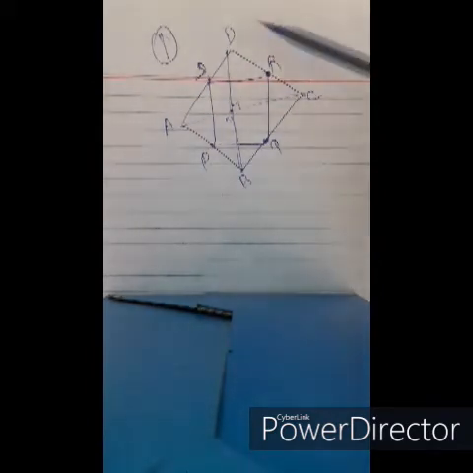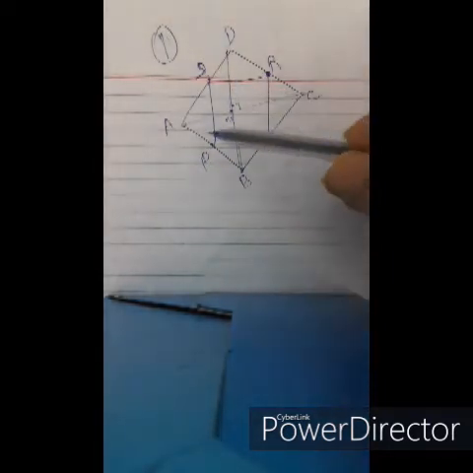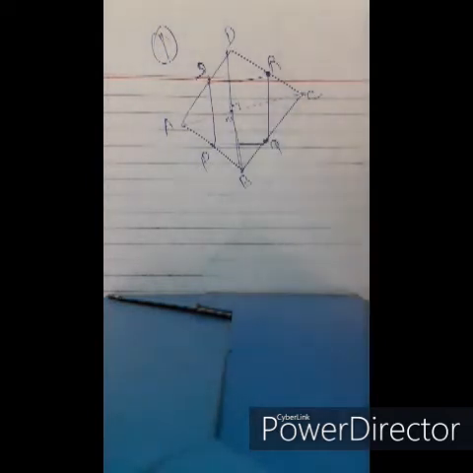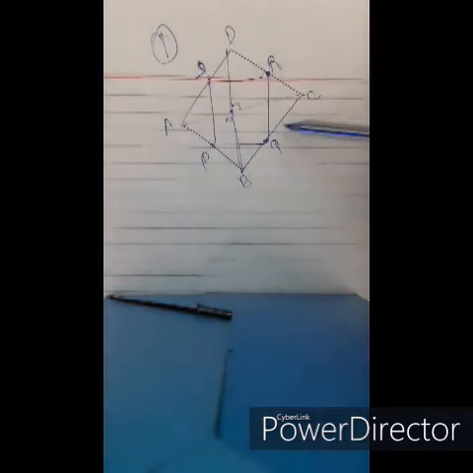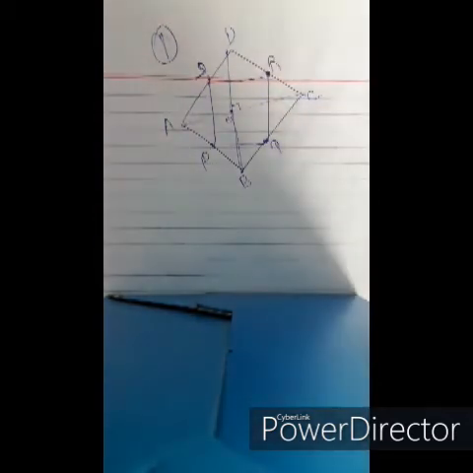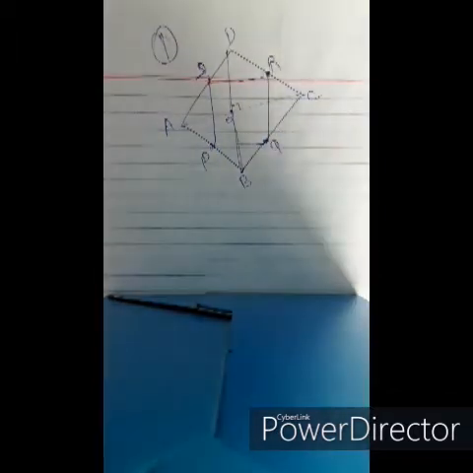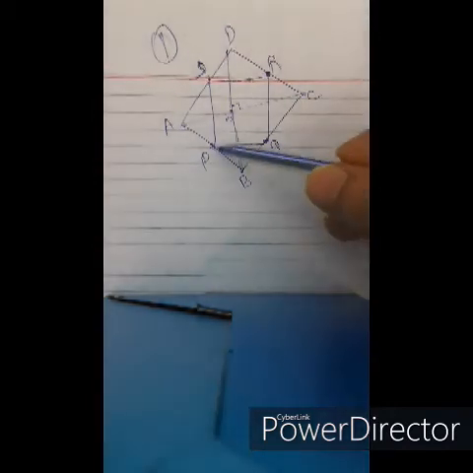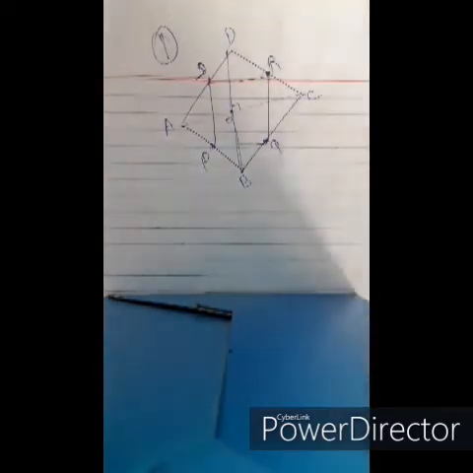We have to show that the quadrilateral PQRS, which is formed by joining the midpoints of the sides of ABCD, is a rectangle. P is the midpoint of AB, Q is the midpoint of BC, R is the midpoint of CD, and S is the midpoint of AD.